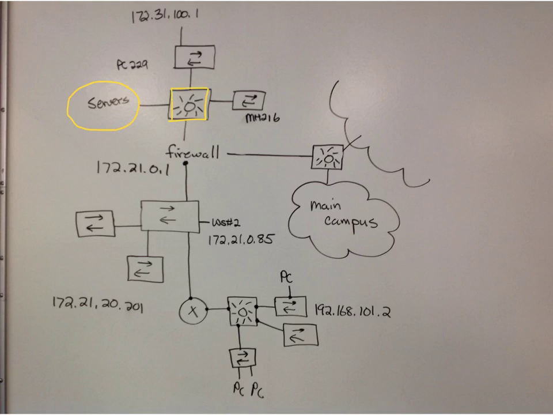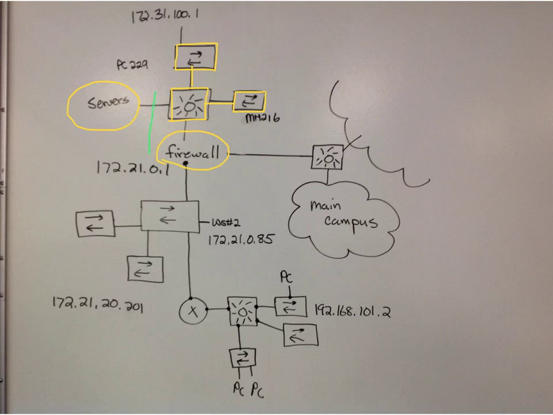The multi-layer switch is connected to the switch in the front of 216 and into the front of 229, those 2 rooms. The firewall is in 228A.